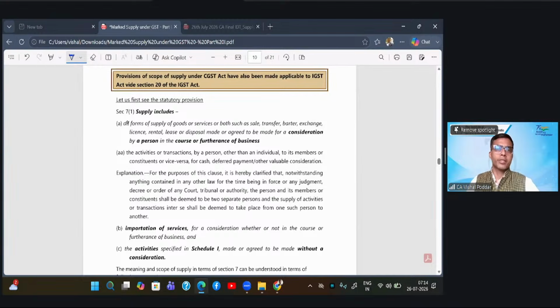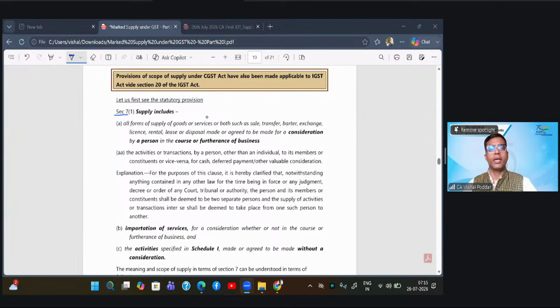As we discussed in the previous class, it is section 7 of the CGST Act which defines supply. Within section 7, in the last class, we dealt with section 7 subsection 2, which gave two clauses A and B, and that defined what will not be supply.